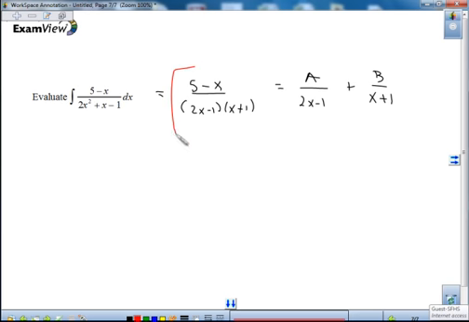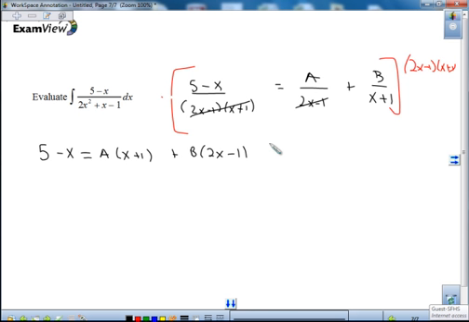Then I'm going to multiply everything by 2x minus 1 times x plus 1. So this would cancel and I'm left with 5 minus x. The 2x minus 1 will cancel and I'm left with a times x plus 1. The x plus 1 will cancel.